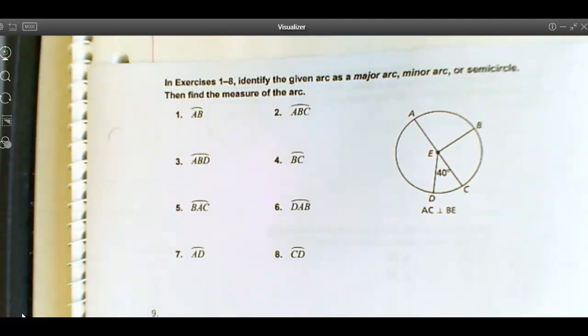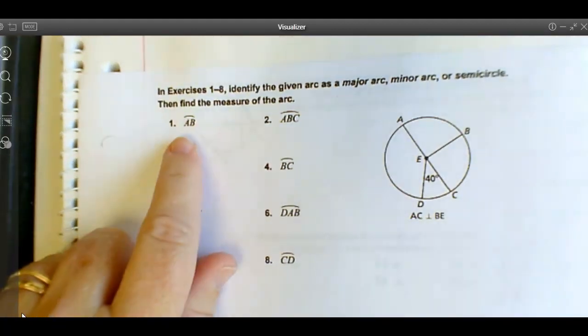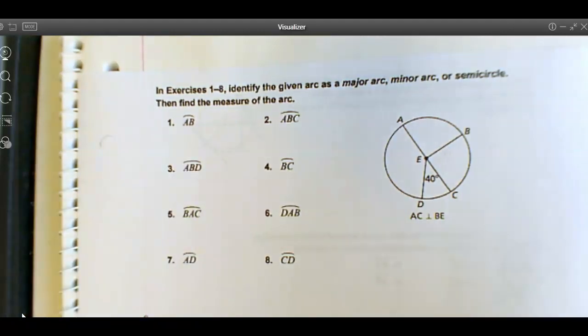Okay, so first thing we want to talk about is the major arcs and the minor arcs and the semicircles. That's the last thing we were just talking about on vocabulary. What we have learned here is that when we talk about the measure of an arc, we're talking about the measure of the central angle.